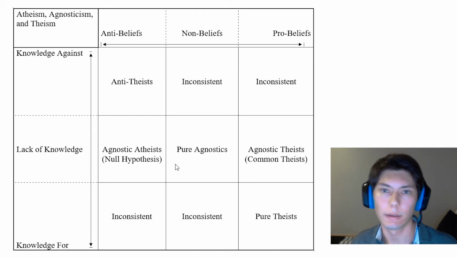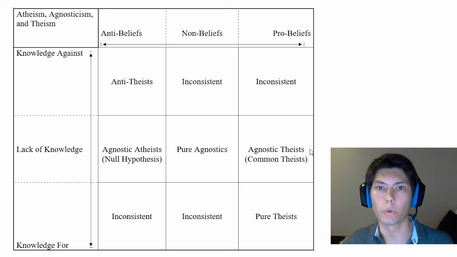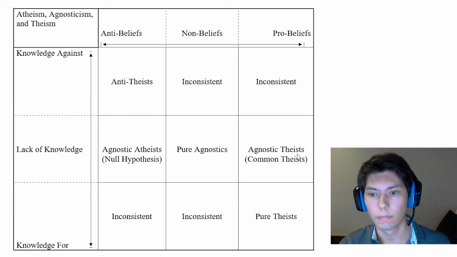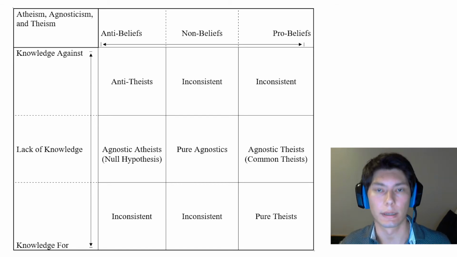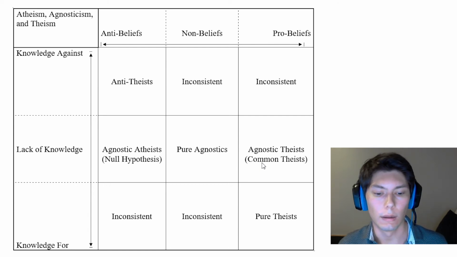The same thing would apply to our agnostic theists over here, obviously not with the null hypothesis in the same way, but if people don't have knowledge toward a proposition but they believe it anyway, this could be faith, for example, they would be agnostic theists, at least under this definition. And I would just say that this is the common or average everyday theist that you're going to interact with.